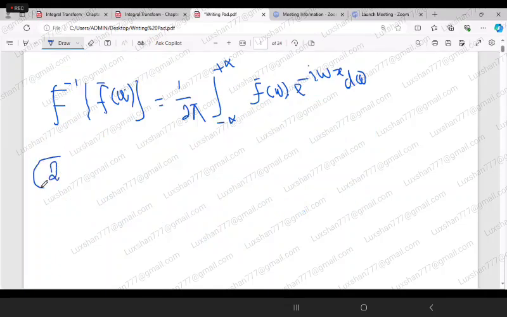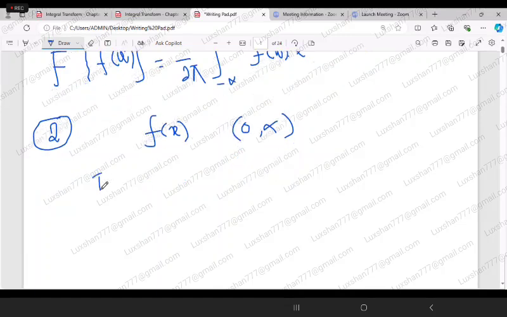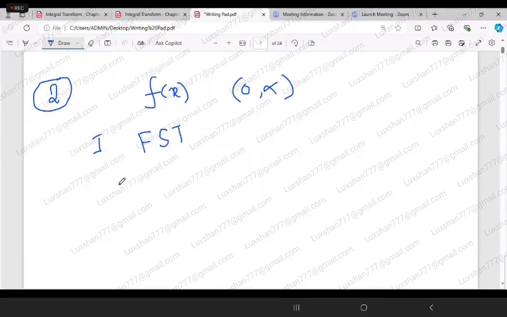Second situation, we have a function f(x) which is defined from 0 to infinity. The range is 0 to infinity. Then we have two types of transformation. One is the Fourier sine transform. The Fourier sine transform is denoted by Fs of f(x), equal to the integral from 0 to infinity.